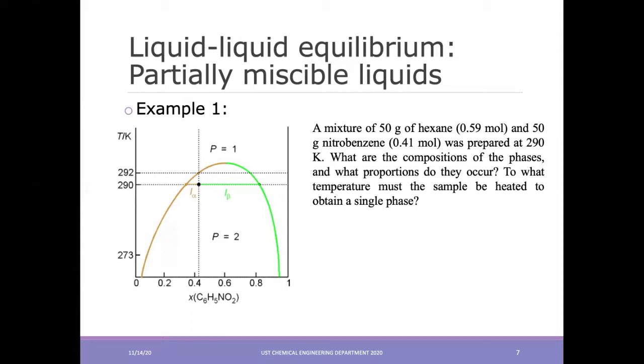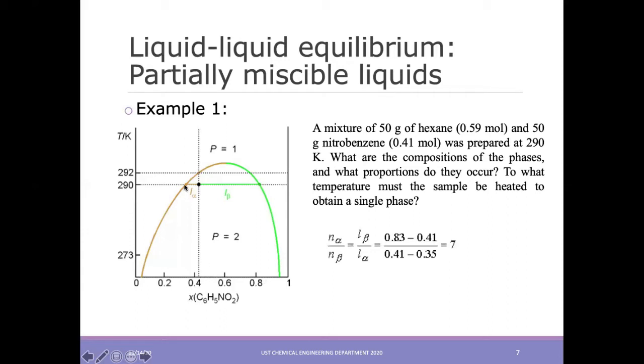If we denote hexane as H and nitrobenzene as N, here we have x sub N as 0.41 at 290 Kelvin. If we consider N alpha, this is the distance L beta, from the equation we had earlier. So L beta, if we extend this, is 0.83 minus 0.41.